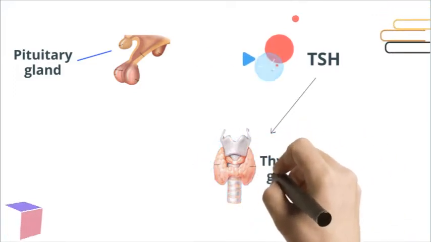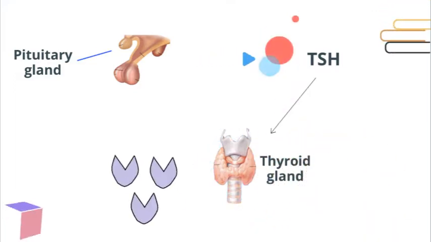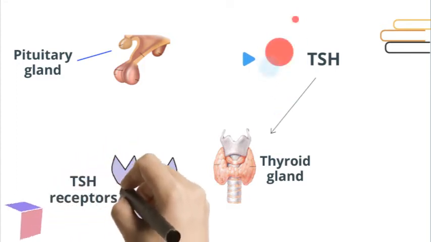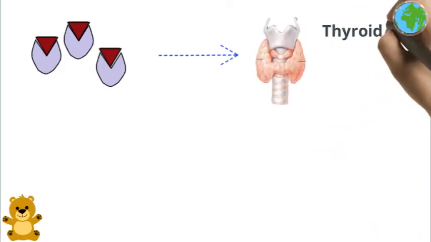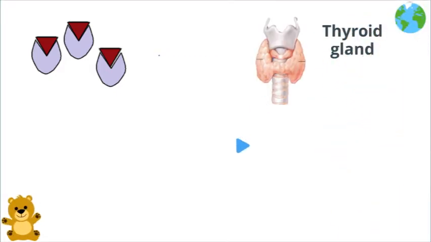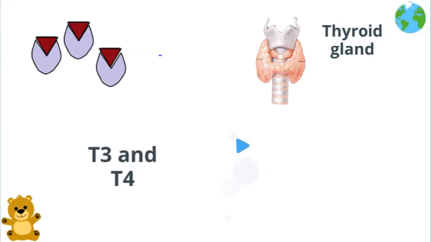The thyroid gland itself has receptors for TSH called TSH receptors. This binding will stimulate the thyroid gland to create and release thyroid hormones, including T3 and T4. These hormones then will travel in the circulation bound to thyroid binding protein.